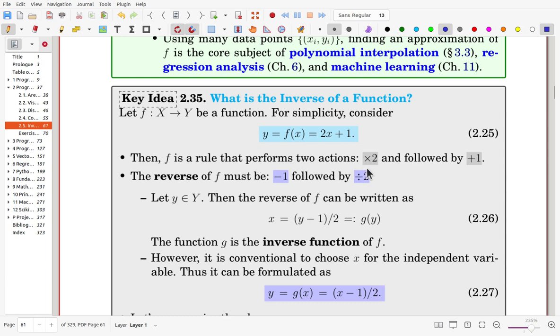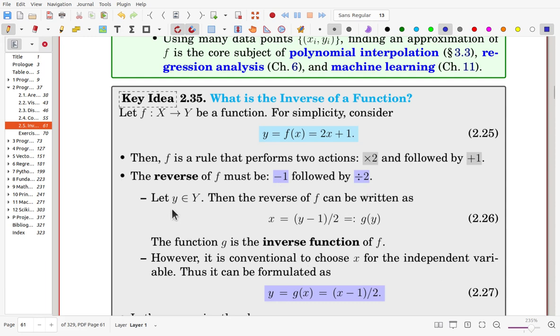The first one is multiplication by 2, and the next operation is adding 1. Its reverse must be: first, subtraction by 1, followed by division by 2.